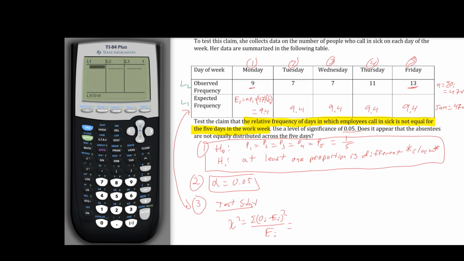In L1, I'm going to put my expected frequencies, the 9.4 all the way down 5 times. And in L2, I'm going to make that my observed counts. So we have 9.